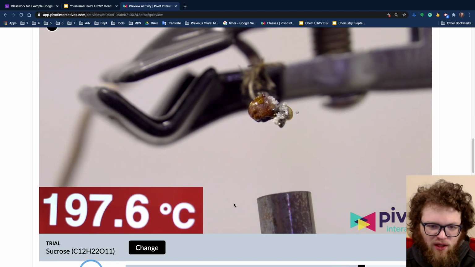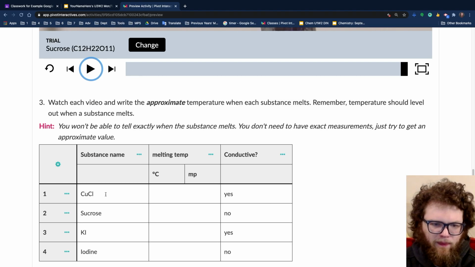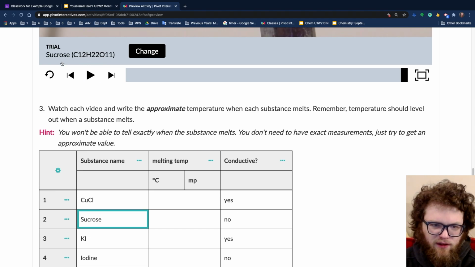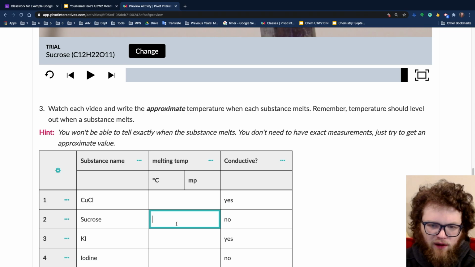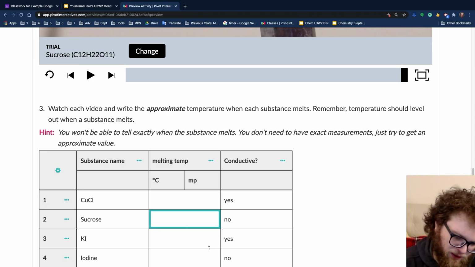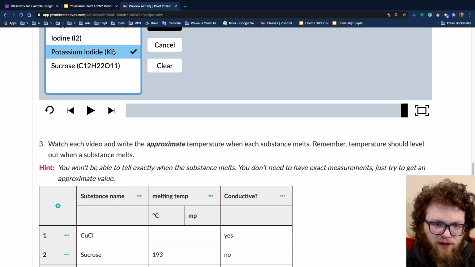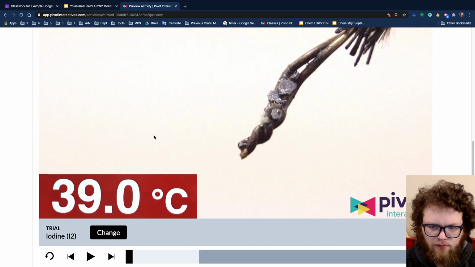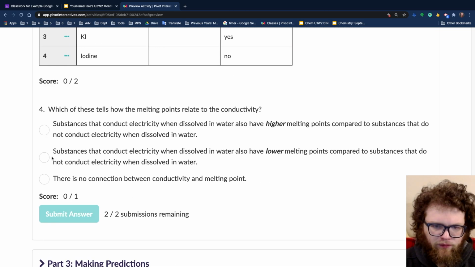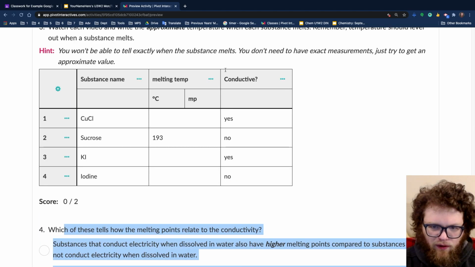So it looks like it's being pretty consistent right around here. And so that was my sucrose, because it says sucrose right there. The melting temperature, I would say that one was about 193 degrees Celsius. And then we can switch and go from there. Fun, fun, fun. So then, what pattern do you notice with the conductivity?